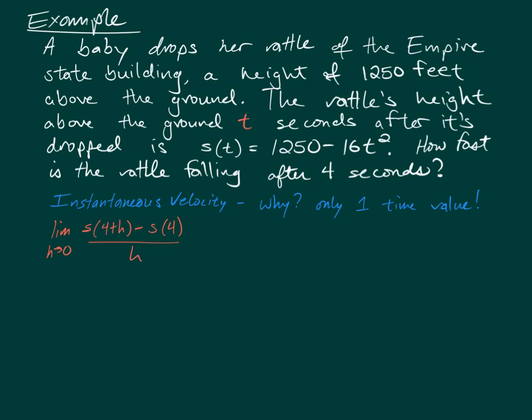Now this is something that you've seen in a few examples previously. I'm going to give you a chance to pause the video and try figuring out this limit all by yourself. When you see this example, the first step is to set up this limit. From here, you just need to use this function.